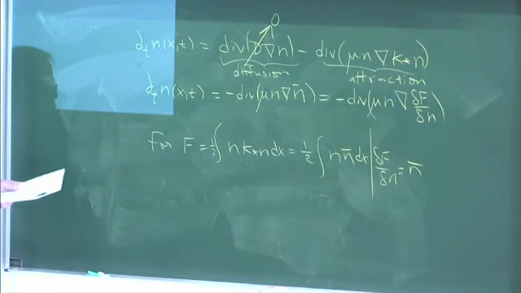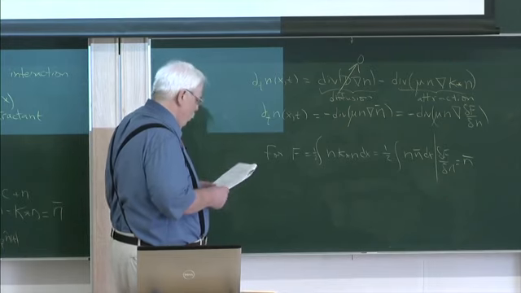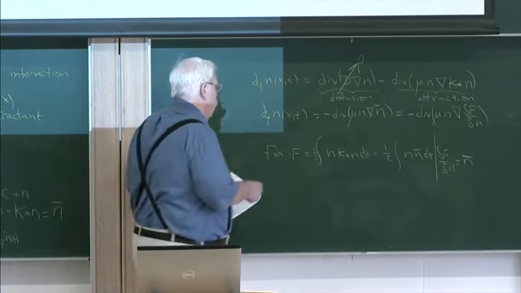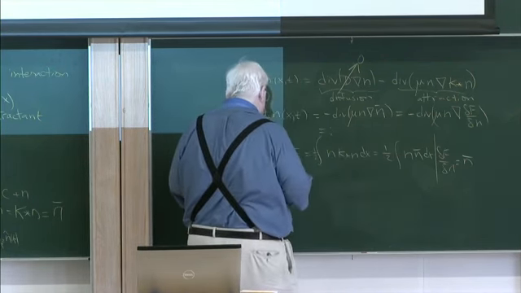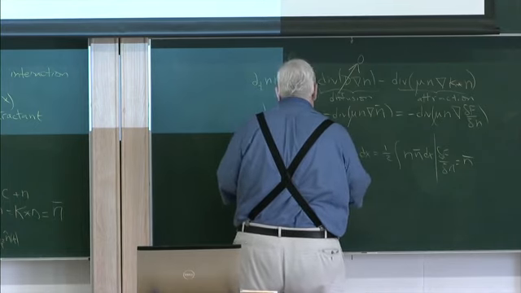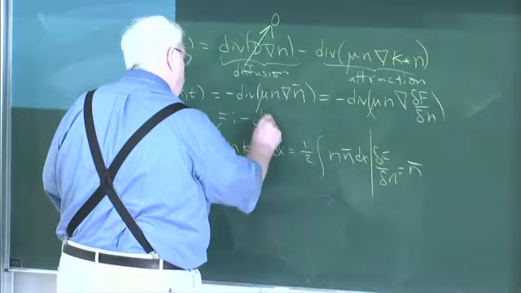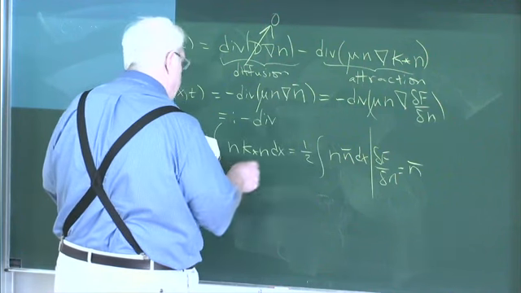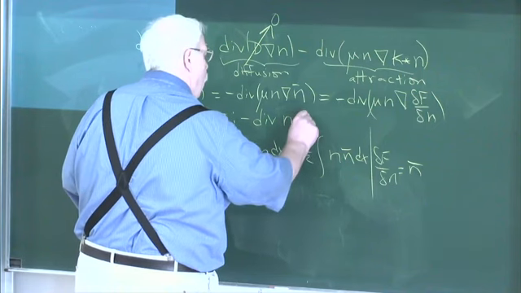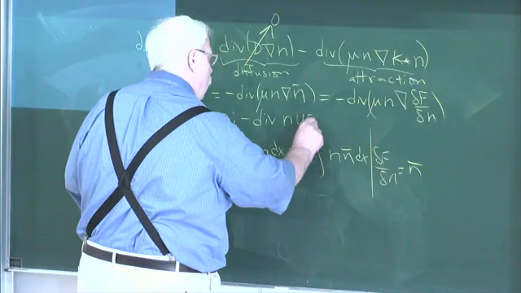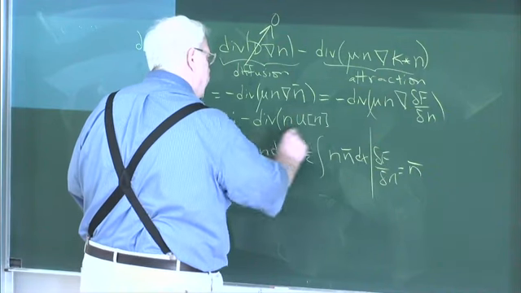I want to write one more thing. I want to introduce a velocity. So this is something like a Darcy velocity. I'm going to call this thing div of n times u of n.